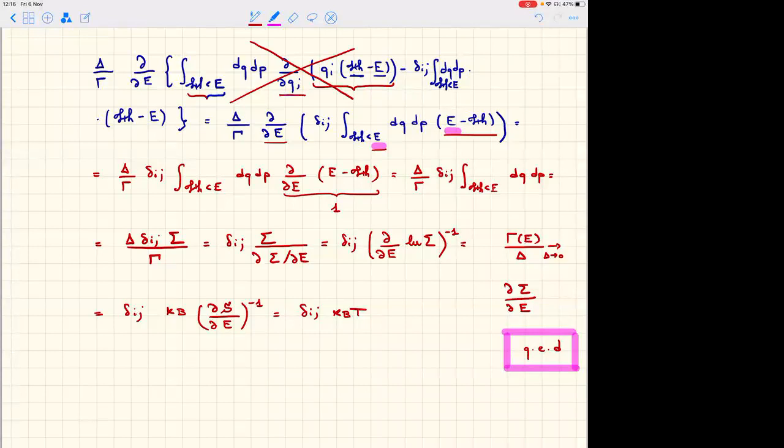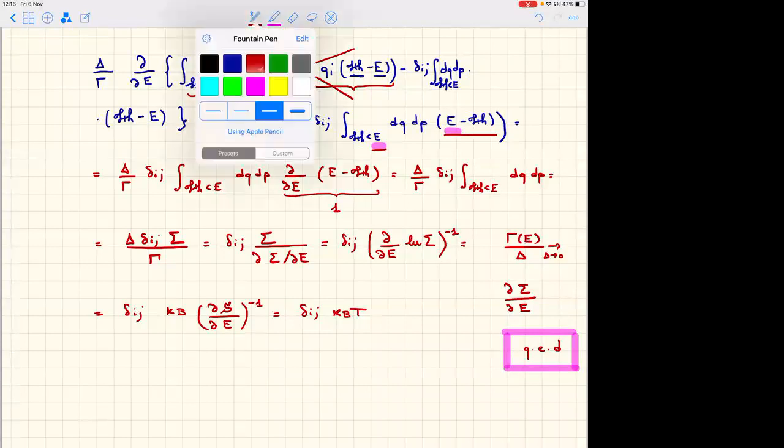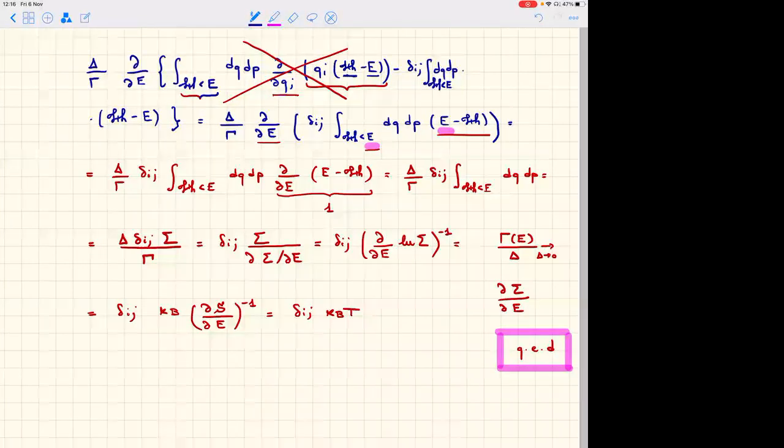Excellent. So that's it. Now, this theorem is actually quite interesting because it tells us something very important.